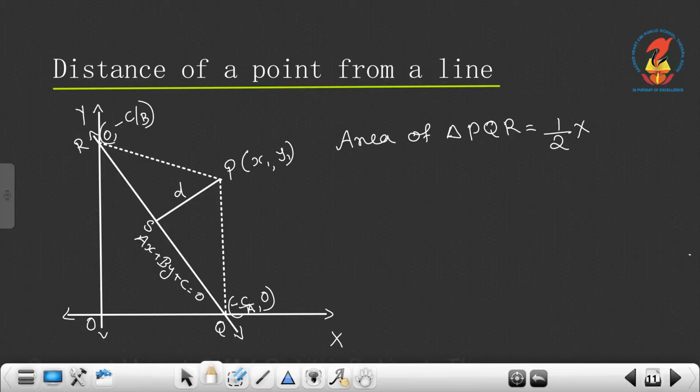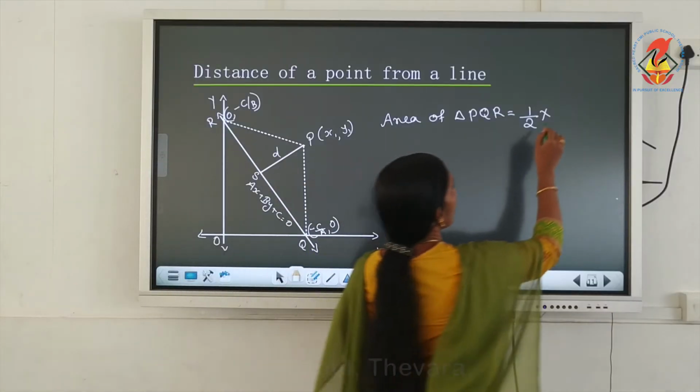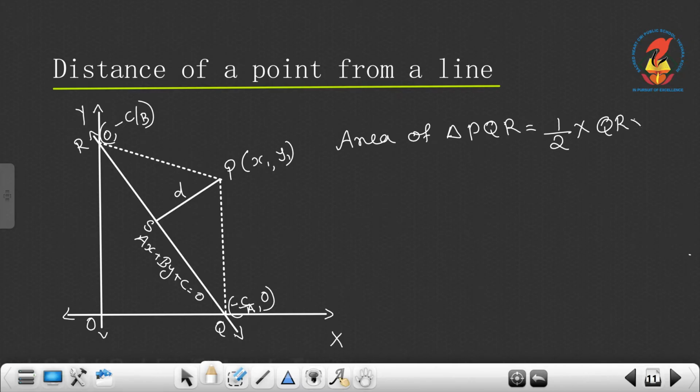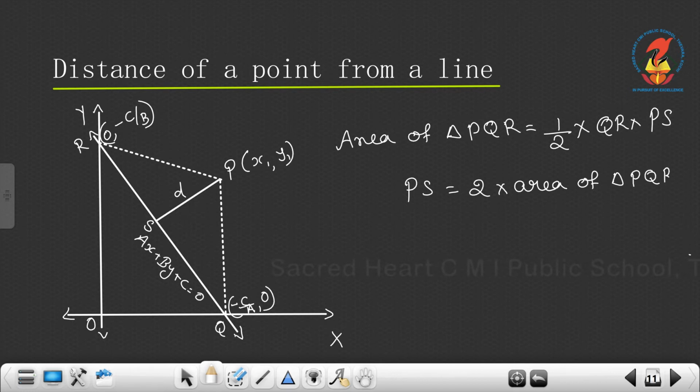So, half into base, we can take as QR, into the altitude, the perpendicular PS. Here we have to find PS, the distance from the point to the line. So, PS is equal to 2 times the area of triangle PQR by QR.